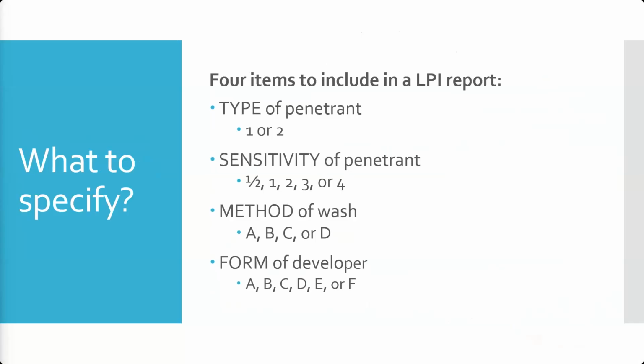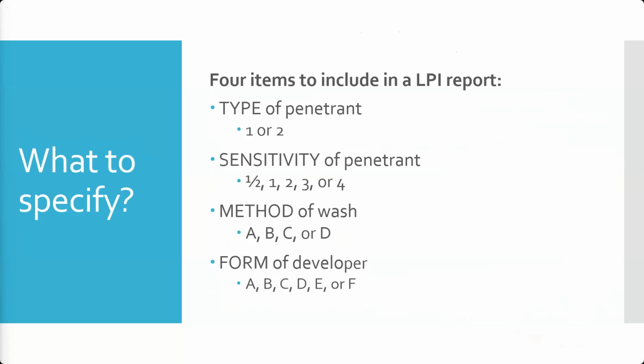What's a type 2? Visible dye, typically red. Okay, sensitivity levels, 1/2, 1, 2, 3, or 4. What's the sensitivity level typically required for commercial transport aircraft? 2. Level 2 is what's required most of the time.